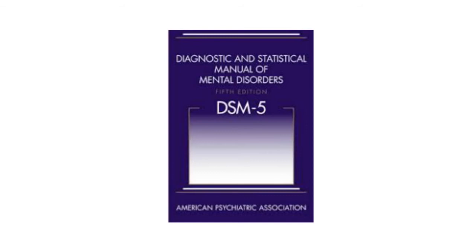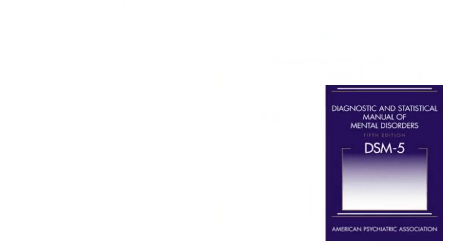So what do I mean by behavioral criteria? That's really a set of symptoms that the person reports to you about how they feel, how they think, and a set of observations that you collect about their behavior, and we try to look at what is typical and what is atypical.